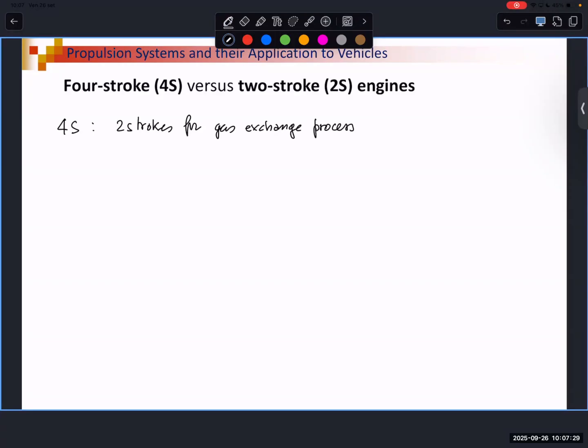So the gas exchange process is performed better in a four-stroke engine. And what we will get is generally higher efficiency. It depends also on the engine that we are considering.